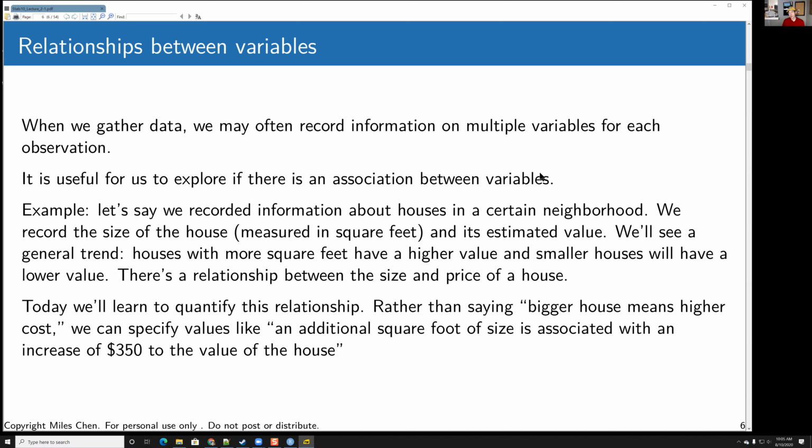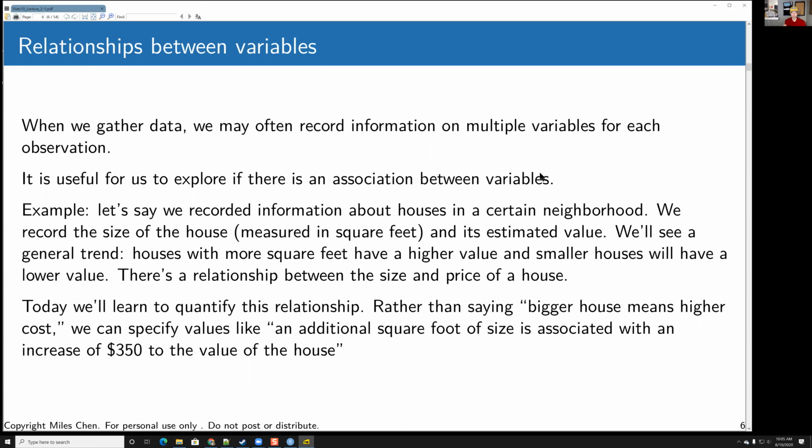So for a person, you might record that person's height, weight, and age. And we can ask, is there a relationship between height and weight? Is there a relationship between height and age? Is there a relationship between weight and age? Things like that.